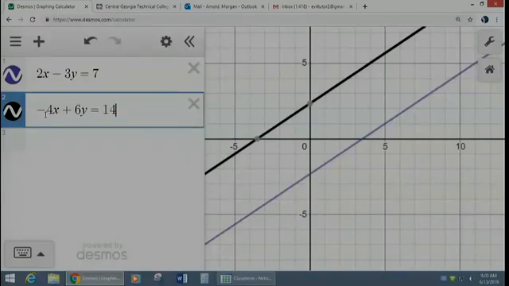And you guys know if the two lines are parallel, they will never ever intersect at a common point. So graphically, we've proven that the system has no solution. Any questions about lesson 9 before we look at lesson 10?